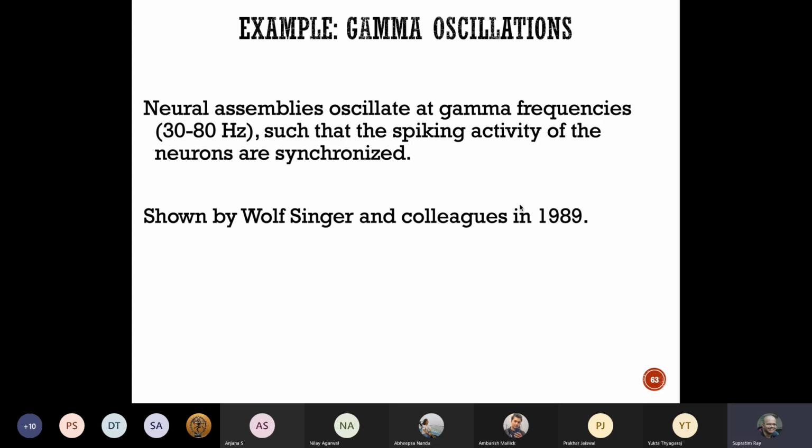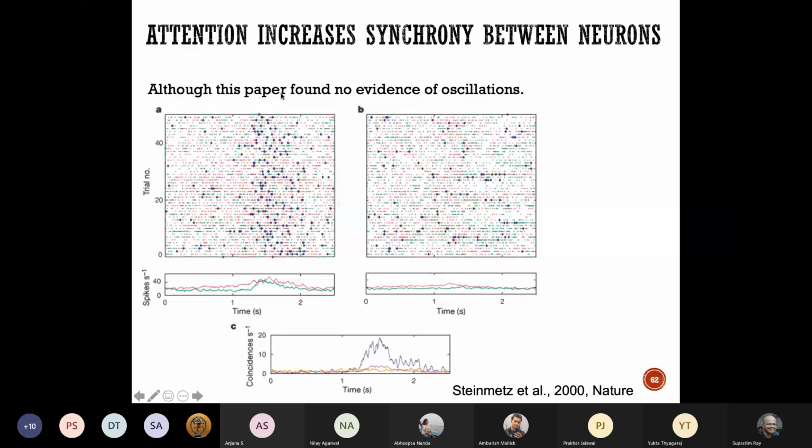This binding by synchrony hypothesis was proposed based on this synchronicity as well as rhythmicity. When I wrote this, I just wanted to say that here there's evidence of synchronicity, but no rhythmicity.